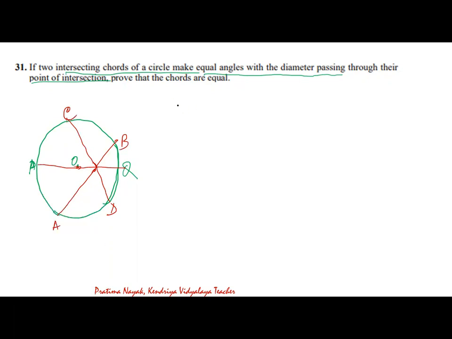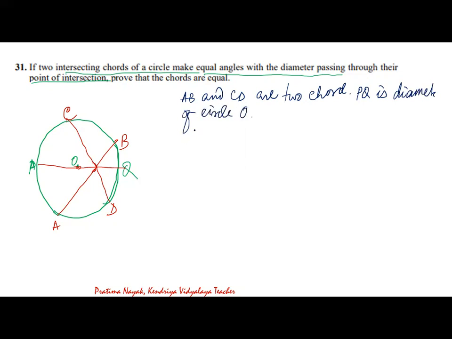So I'm writing here what is given. Given: AB and CD are two chords, and PQ is the diameter of circle O. The circle is named by only one point, that is O. Now they make equal angles with the diameter. These two angles are equal.